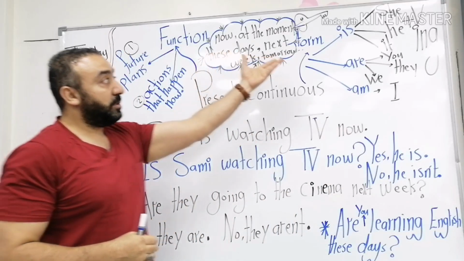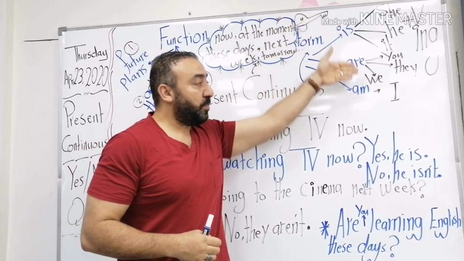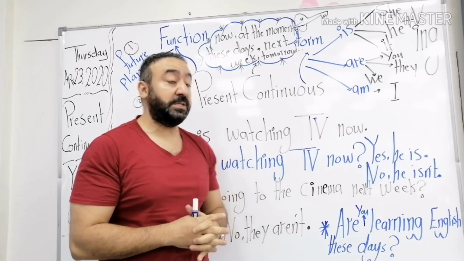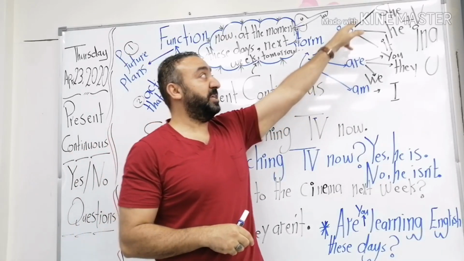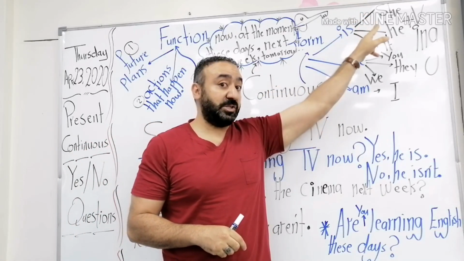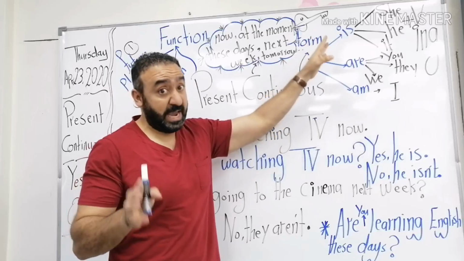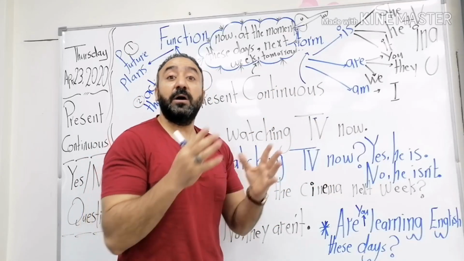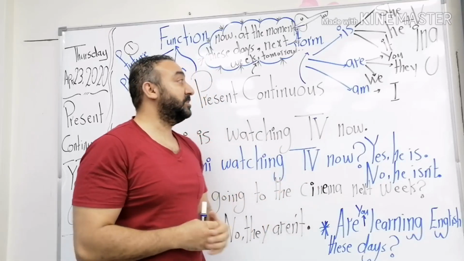And the structure, these are the three groups we have to remember each time we want to use the present continuous. Is, with these pronouns, is he, is she, is it. Or you can use proper nouns such as Jennifer, Selma, Abraham, Muhammad, and so on.